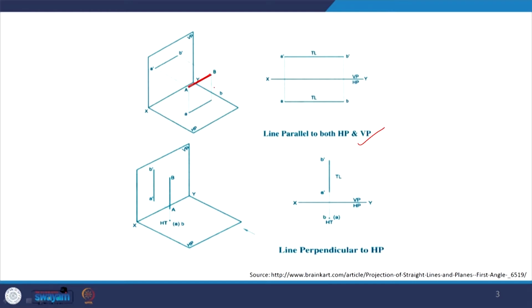And if you look at the projections, these projections will match, which is the fundamental of orthographic projection always, and we will see the true length in both VP as well as HP. This is what we will be seeing if the line is parallel to both HP and VP. Suppose the line is perpendicular to one of the planes.